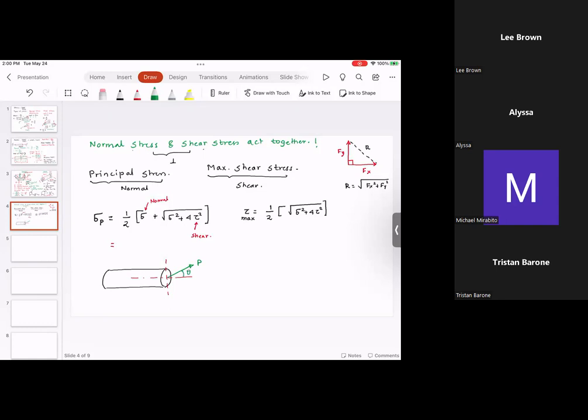So if I want to find out the stresses, I need to resolve this into P cosine theta and P sine theta.